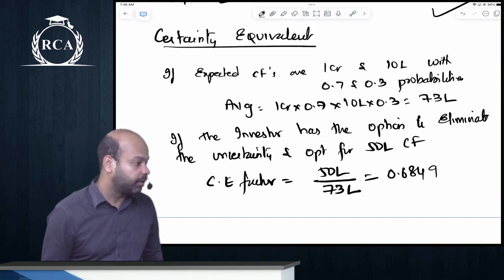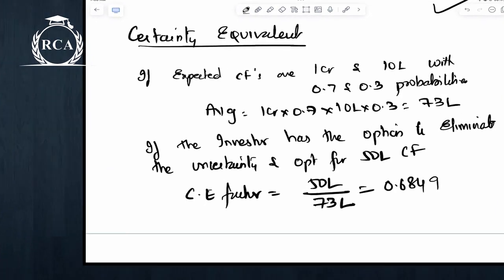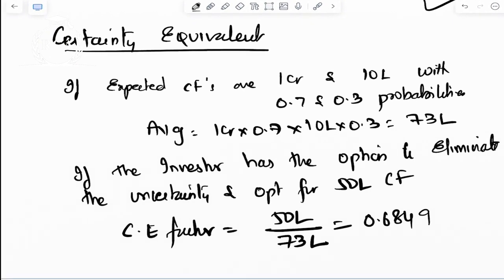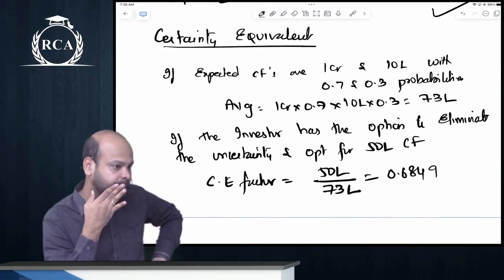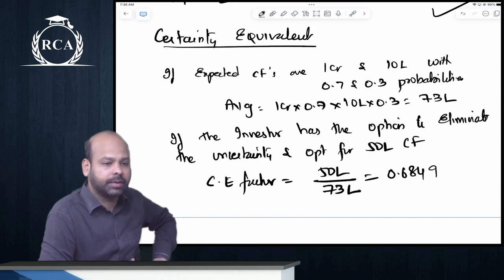Unlike RADR where the risk is assumed to be constant. Next.